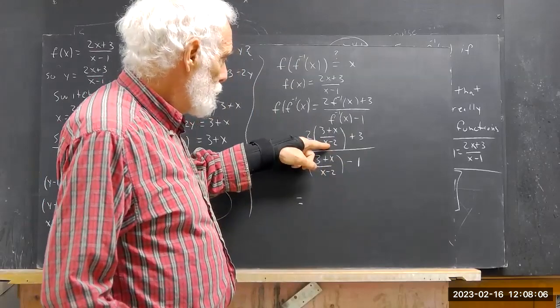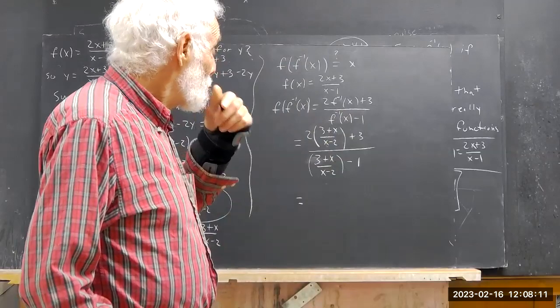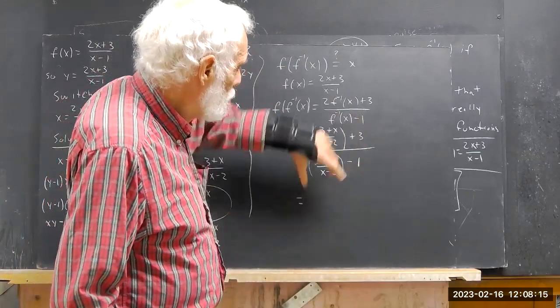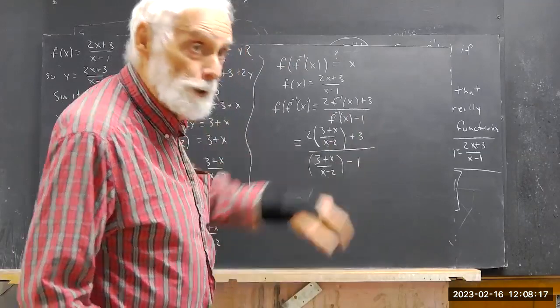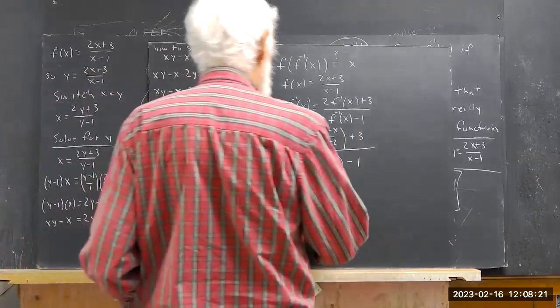But notice that the x minus 2 here is the same as x minus 2 here. So if I multiply the numerator of this whole thing by x minus 2 and the denominator by x minus 2, let's see what happens.